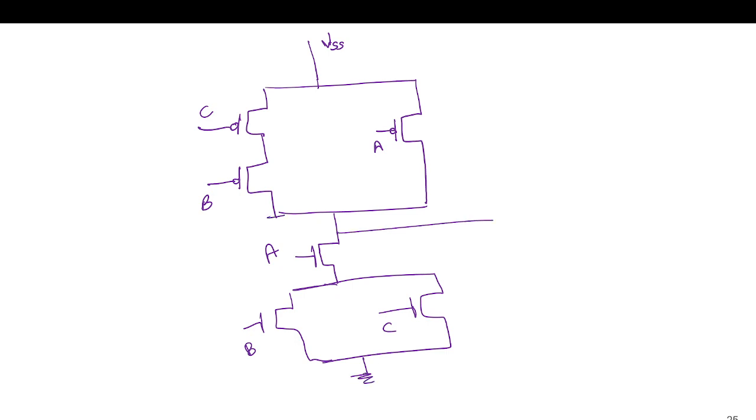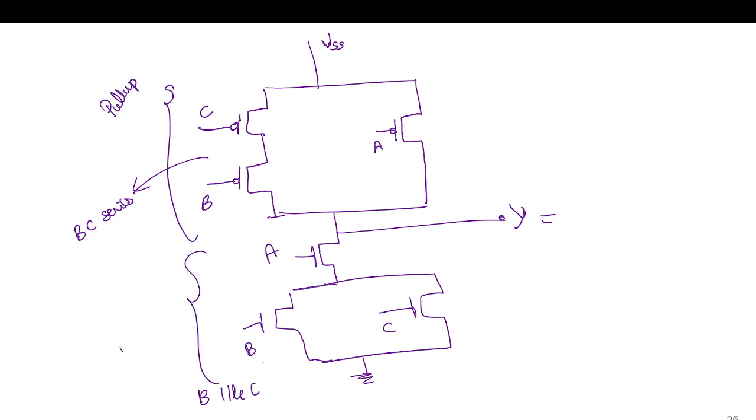Usually here B and C are in parallel. So here the BC will be in series, and to this A is in series. So here to this A will be in parallel. In this way we will design this pull up network and this pull down network.